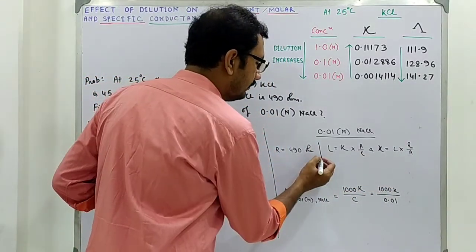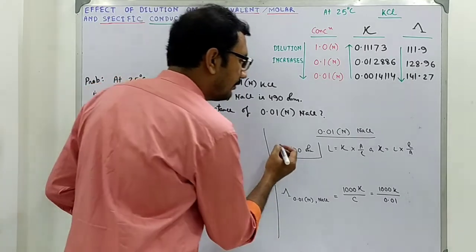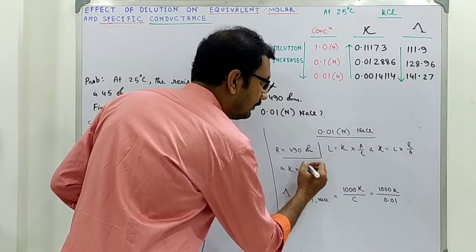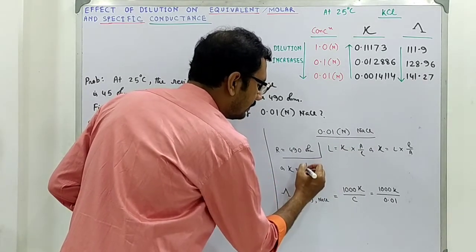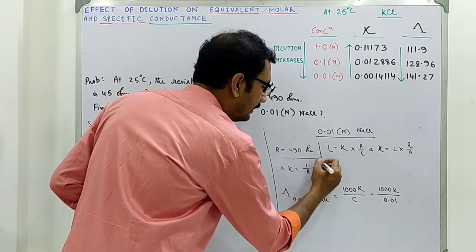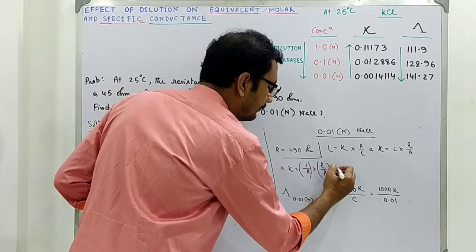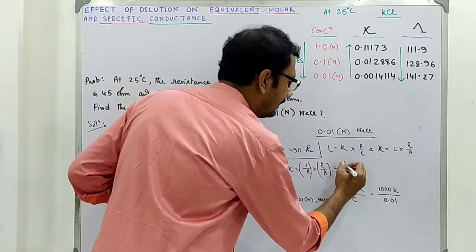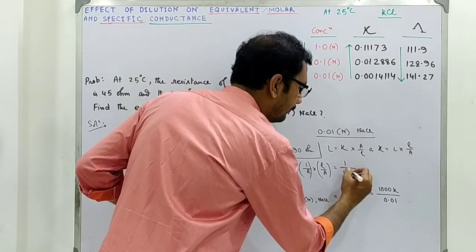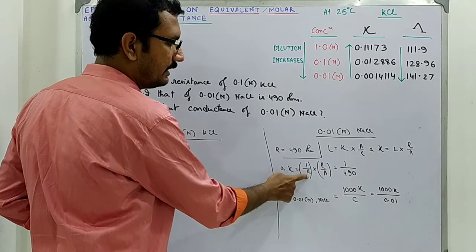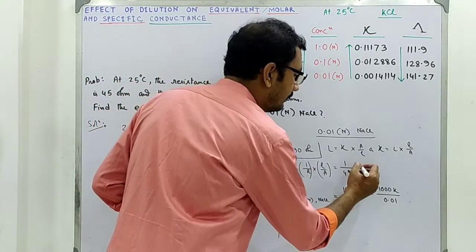This L is the conductance, so it is the reciprocal of resistance, L is 1 by R, so kappa equals 1 by R into l by A. Now, this 1 by R is given here, it is 1 by 490, we put the value of resistance, and l by A is the cell constant.